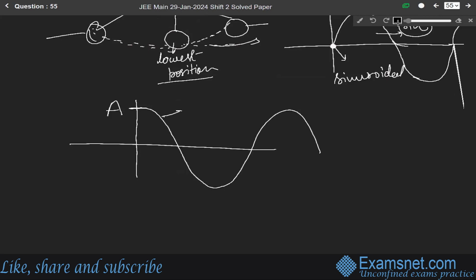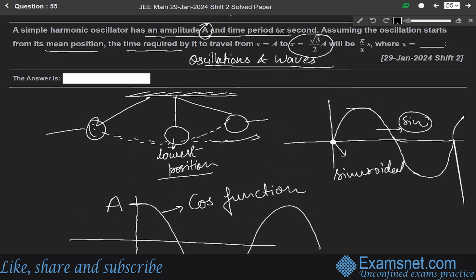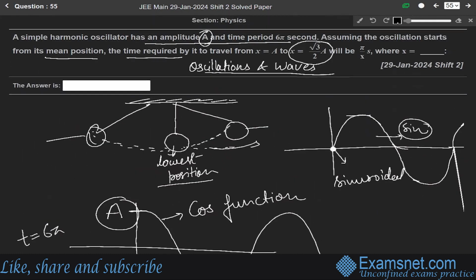So this is a cos function wave. So according to this, x will be equal to A cos omega t, and the time period is 6 pi second. And it is asking, if x is equal to root 3 by 2 A, the time required to travel.